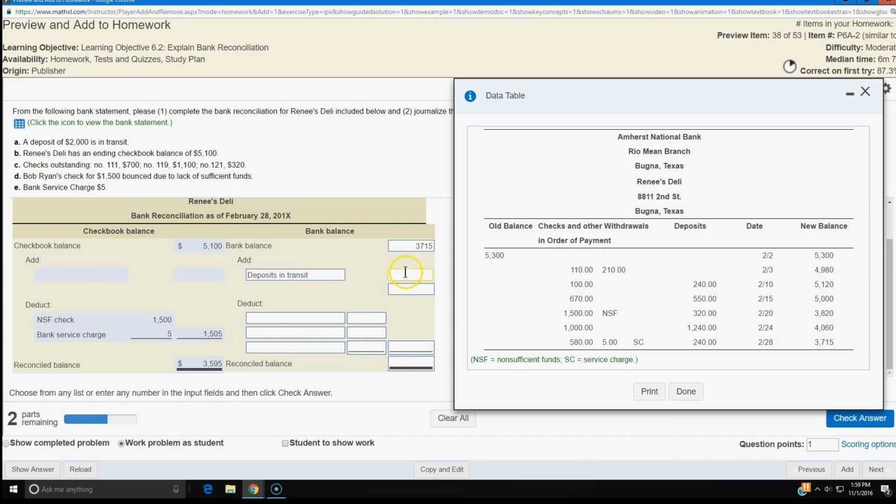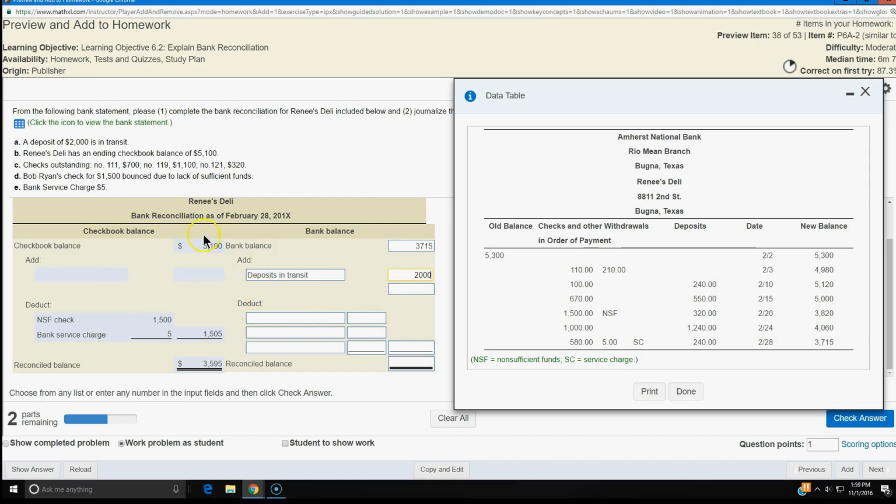Like I said before, whatever we added to our account that the bank hasn't received yet, on the reconciliation we have to do, in like kind, exactly what was done on the book. So there's the $2,000 addition to the bank balance, in sync with what the books show.